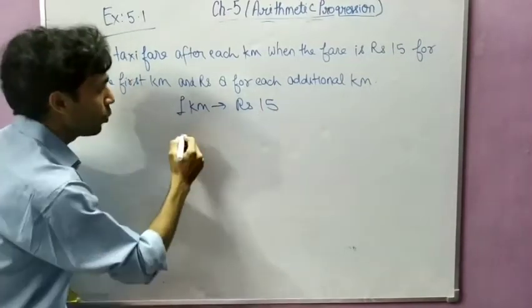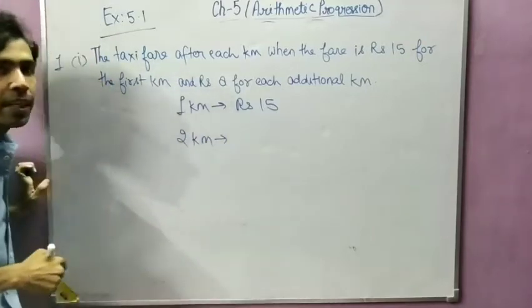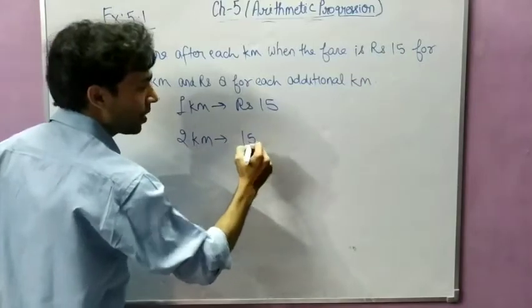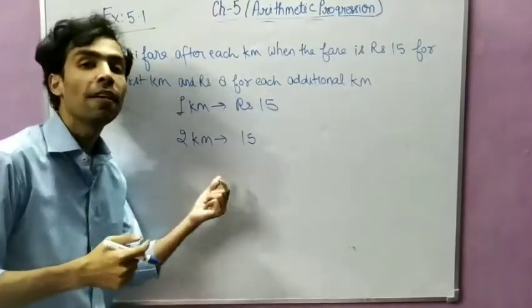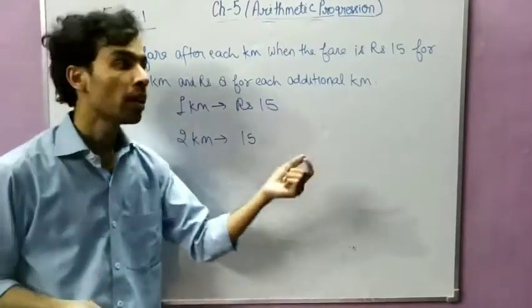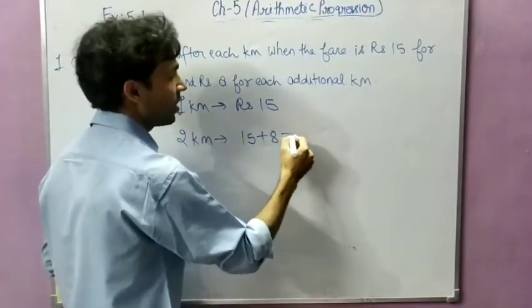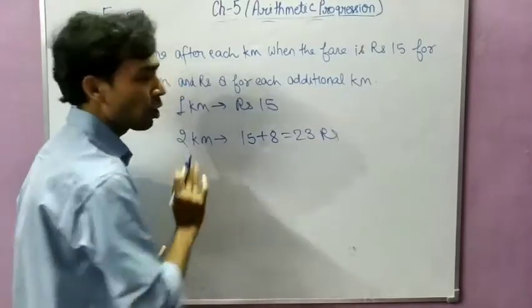Now suppose it goes for 2 kilometers, how much will it take? For the first kilometer it takes 15 rupees, and after covering the first kilometer it has to cover one more kilometer, which takes 8 rupees extra. So 15 plus 8, that is 23 rupees for 2 kilometers.